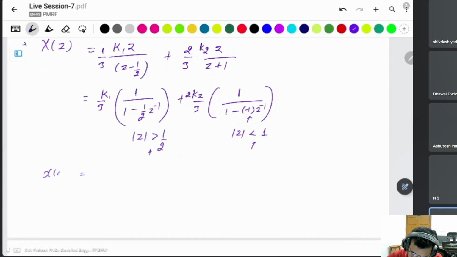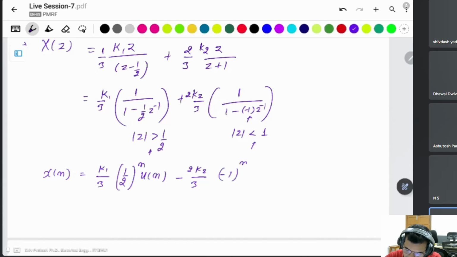Then xn is equal to k1 by 3, half to the power of n, un because of greater than, this will be a minus 2k2 by 3, minus 1 to the power of n, u of minus n minus 1 because of less than.